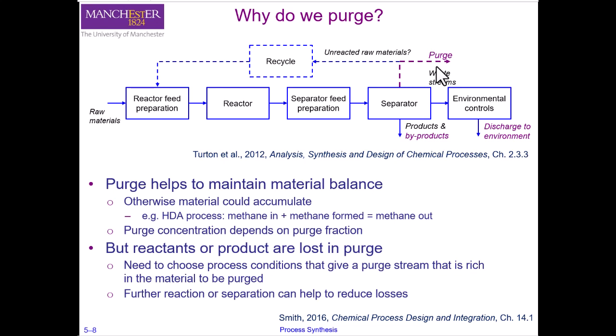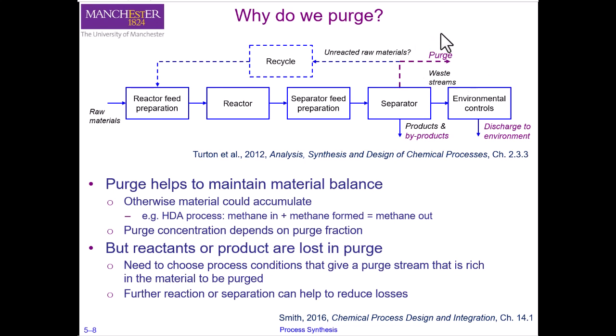As mentioned in the previous slide, that purge may contain valuable products, okay, and also some impurities. So a large fraction of purge would lead to a large flow of these valuable materials with the impurity as well. So you will be losing impurity, but you will also be losing a large fraction of your products or byproducts as well.